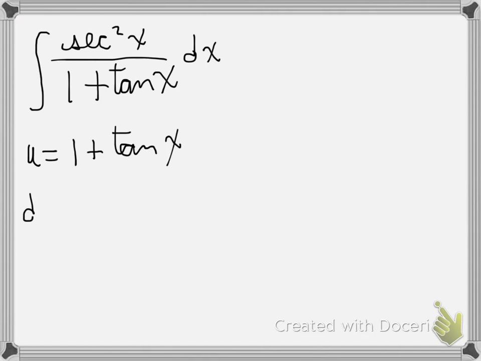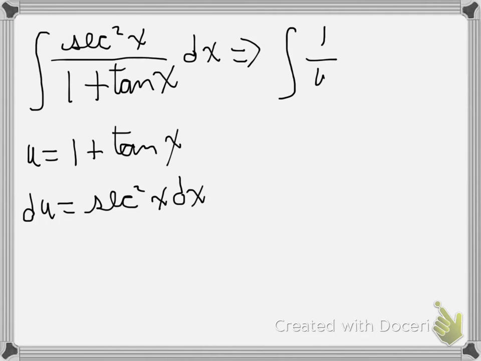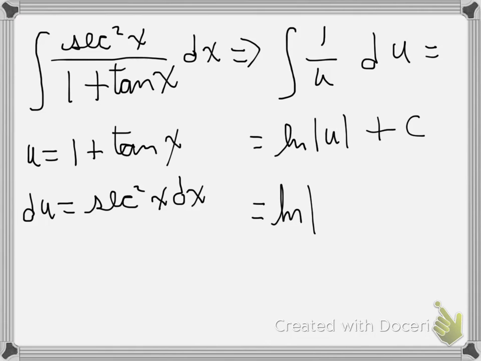And when I find du, that equals derivative of 1 is 0, derivative of tangent, secant squared x dx. So now, this can be rewritten as the integral 1 over u du, which is the natural log absolute value u plus c, which becomes the natural log absolute value of 1 plus the tangent of x plus c.